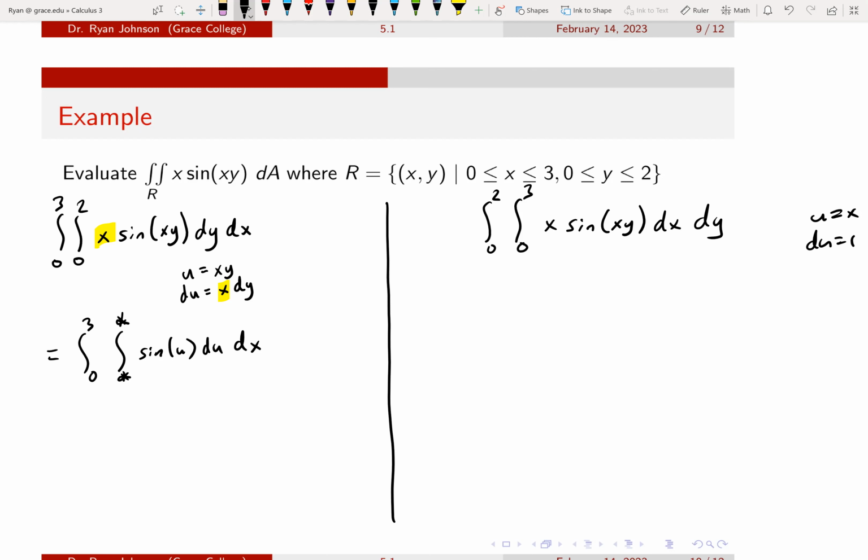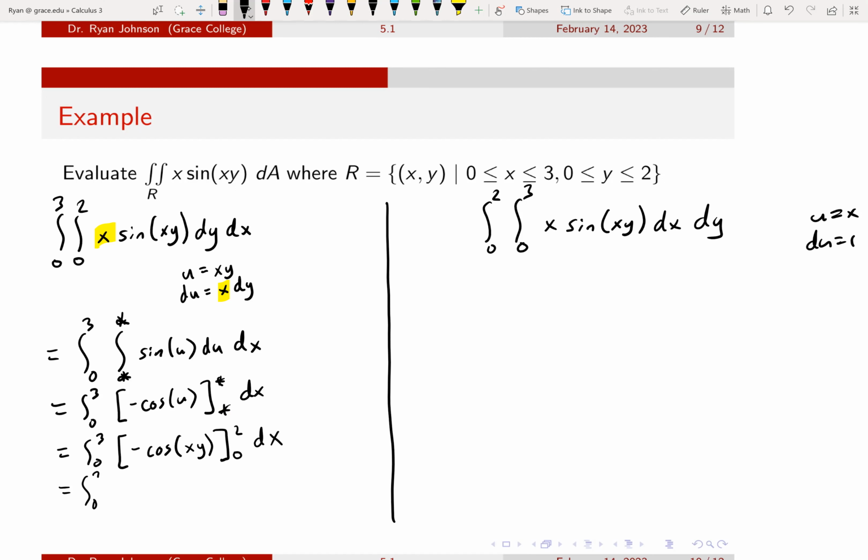So we'll just have 0 to 3. The integral of sine is negative cosine of u from stuff to stuff, dx. Let's plug in what u is. So then that is negative cosine of u, which is xy, and y goes from 0 to 2, dx.